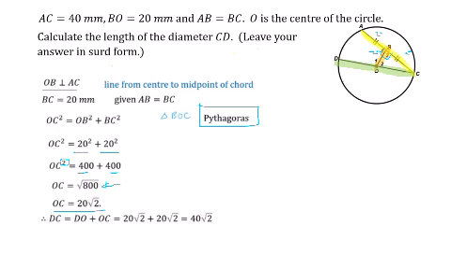Now OC is 20 root 2. Because OC is equal to DO, we say DO plus OC is equal to 20 root 2 plus 20 root 2. That will give you the final answer of 40 root 2. Why? Because this is representing the diameter.